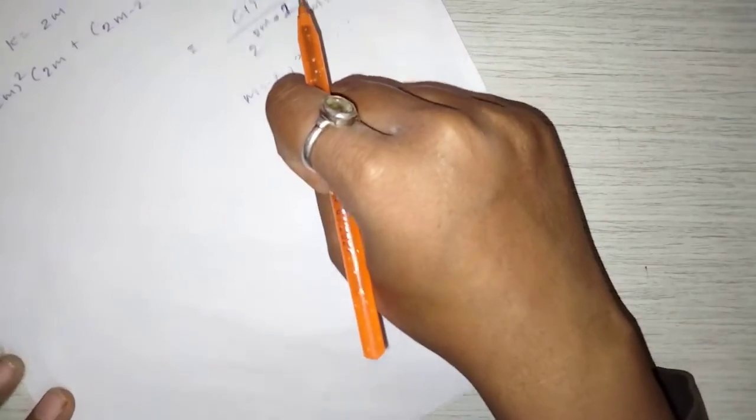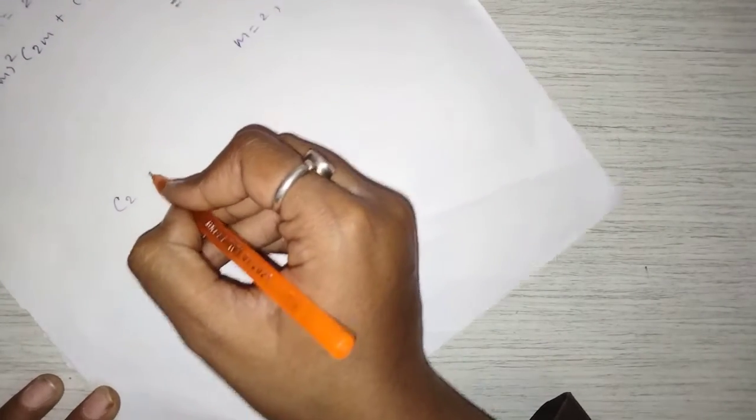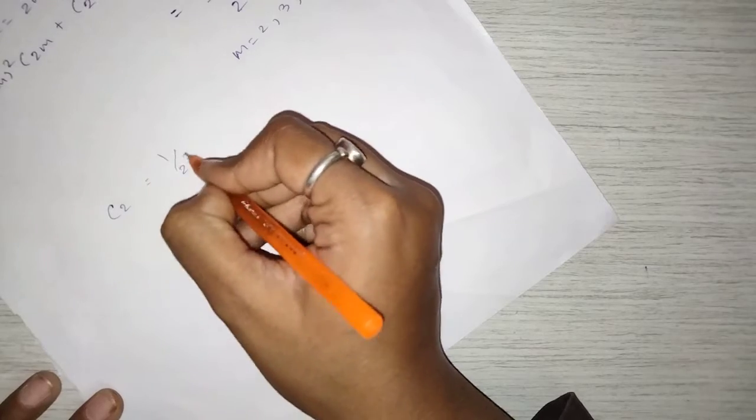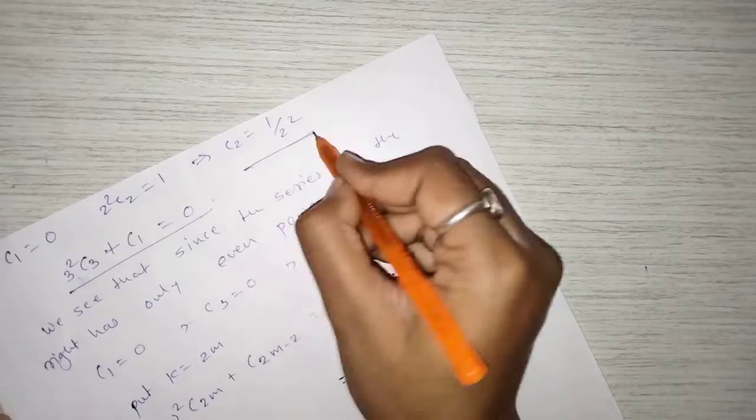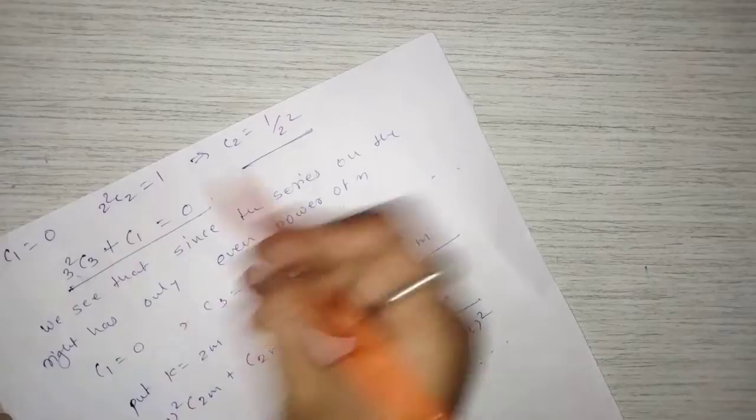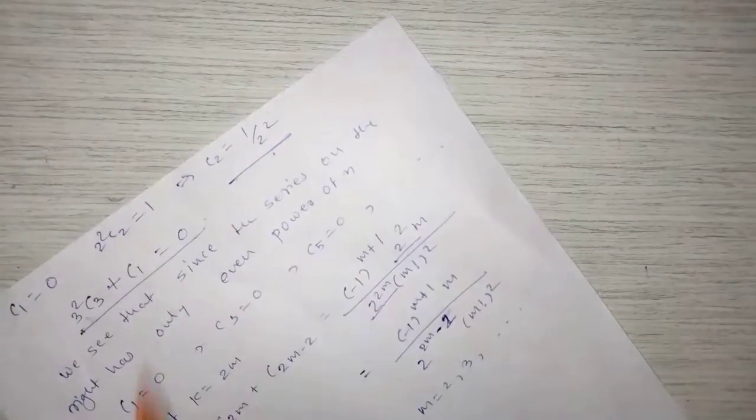So here we take m starting from 2, 3 and so on. So c2 equal to 1 upon 2 square. When we put m equal to 1, we get c2 equal to 1 upon 2 square.